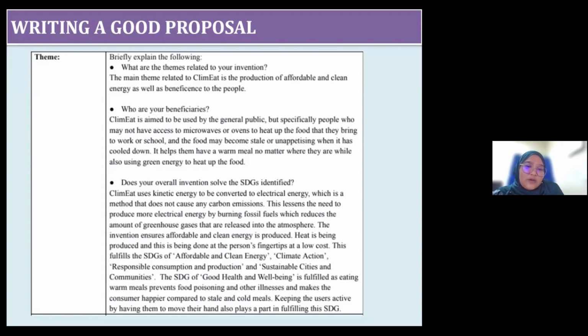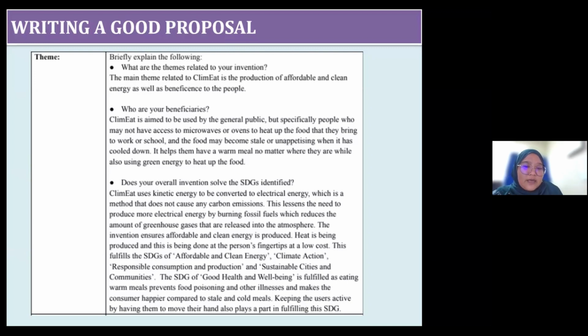Next is the question: does your overall invention solve the SDG that you identified? Their SDGs basically are good health and well-being. They also put affordable and clean energy, climate action, responsible consumption and production, and sustainable cities and communities. They have a few SDGs, but they elaborate how their invention solves them.